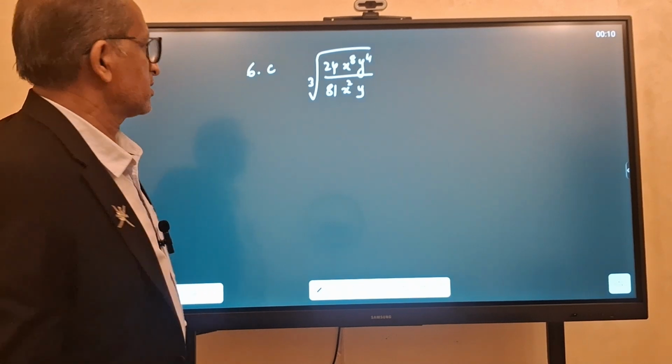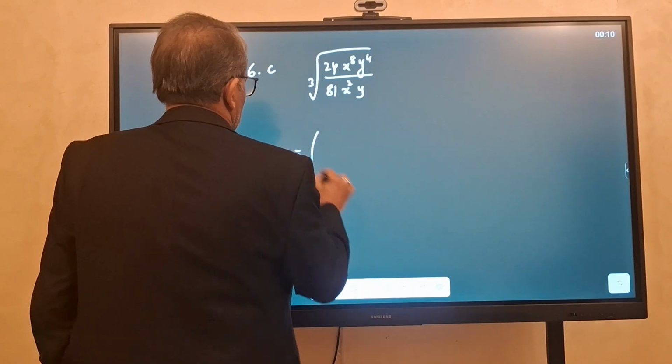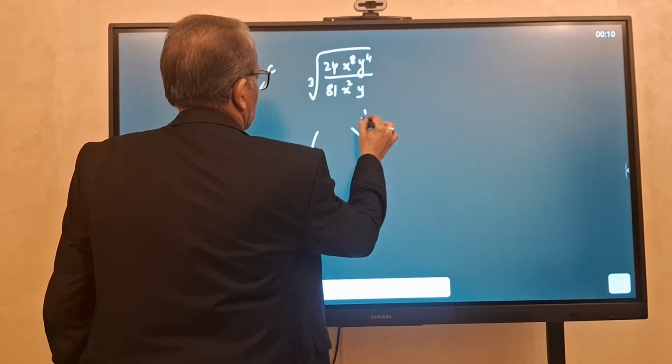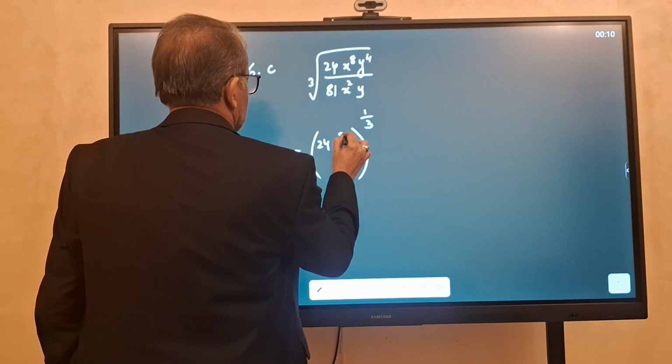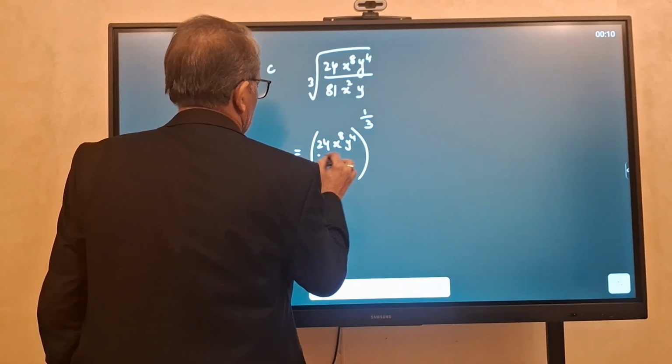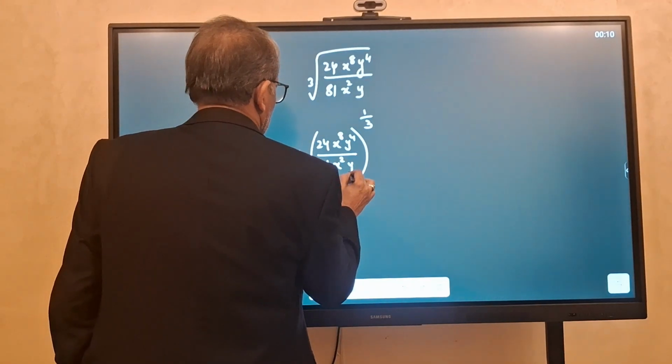I will simplify this. First of all, what is the power? 1 by 3. 24x8 y4 by 81 x square y.